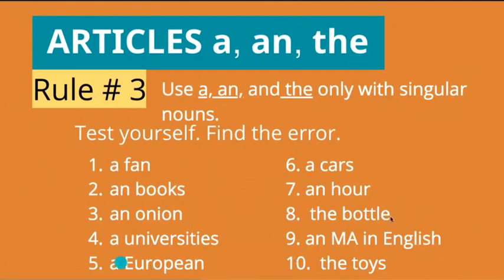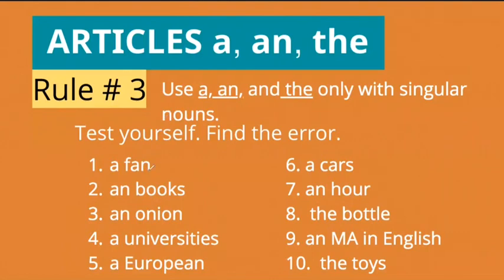Okay, please answer that. If you have pen and paper or if you want to try, just answer that. Okay, all right. So let us have the answer for this activity.